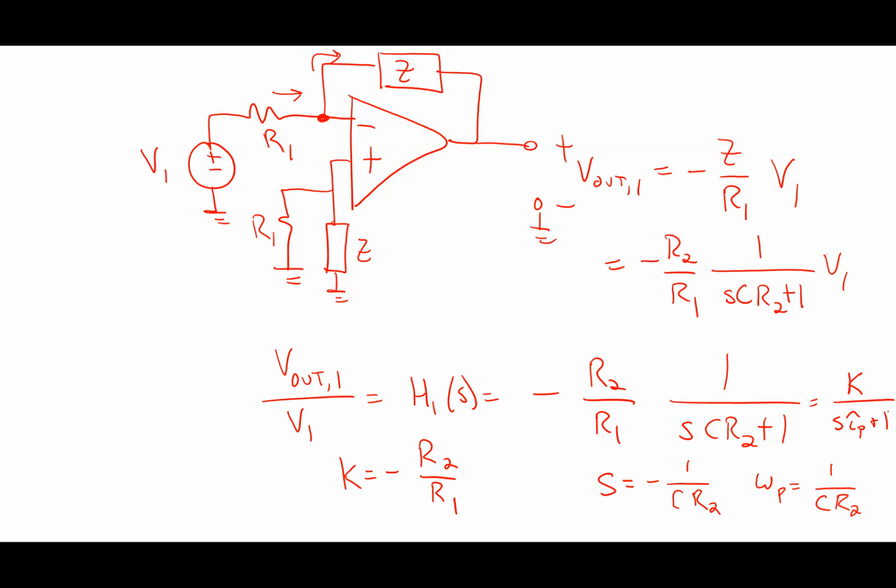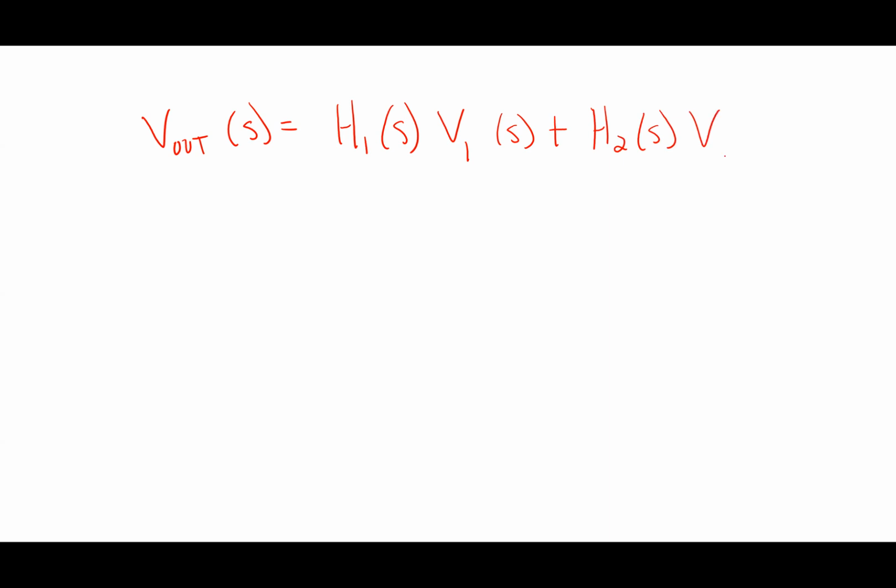The other way I could do this is I could have not done superposition and done nodal analysis instead. If I did nodal analysis, what I would end up with is this: V out of S is equal to H1 of S times V1 of S plus H2 of S times V2 of S.